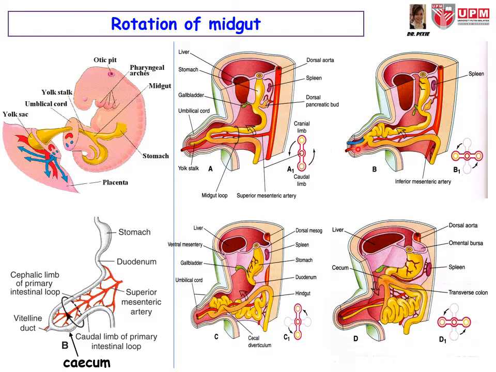Then in the third month, when it re-enters into the abdomen, the re-entering will cause another 90 degrees of rotation, followed by another 90 degrees when the large intestine starts to re-enter the abdominal wall. So altogether it is 90 plus 90 plus 90, 270 degrees of rotation.